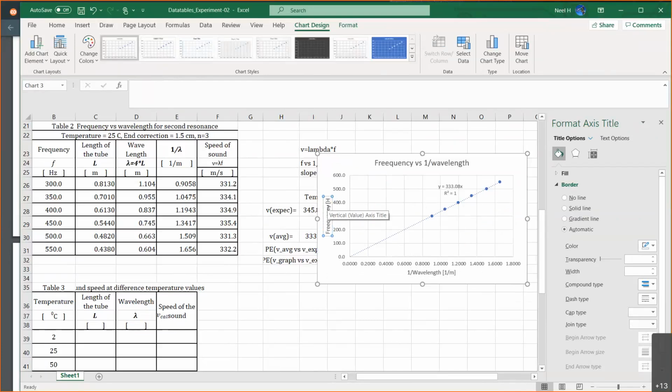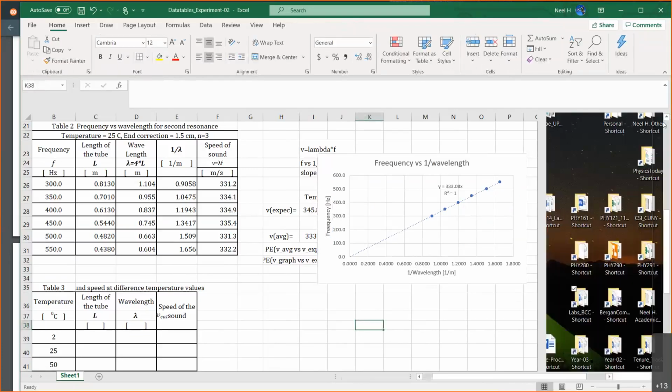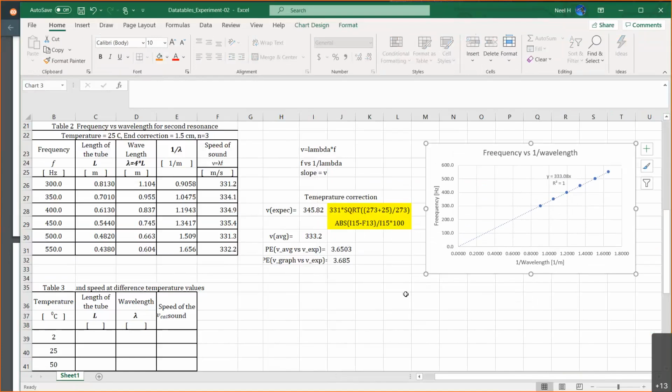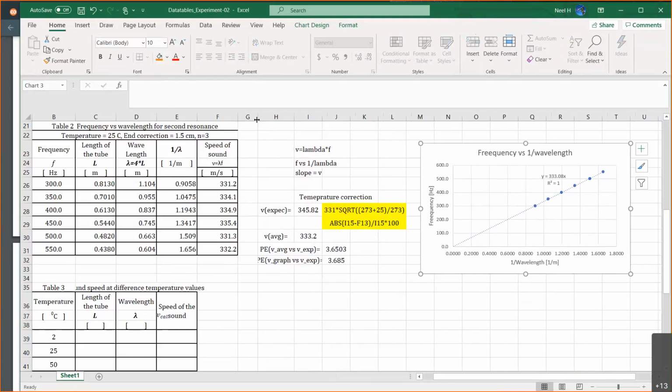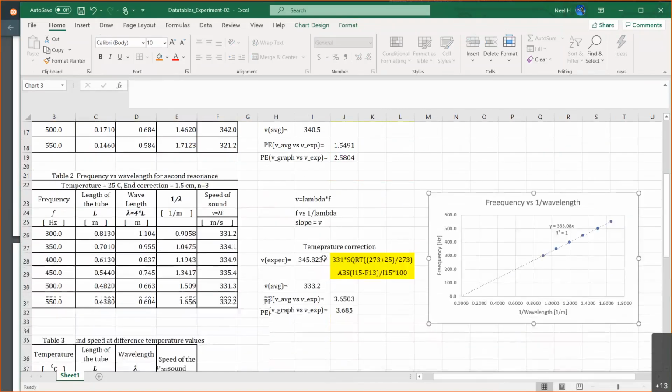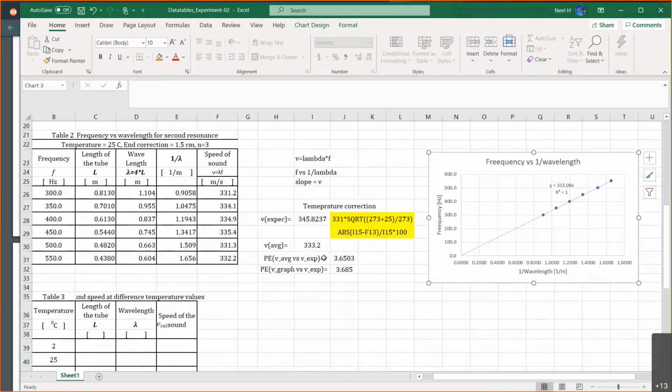Frequency unit hertz, that is actually 1 over second. You can do either way, hertz or 1 over second. Doesn't matter, both are correct. Okay, question. No questions?